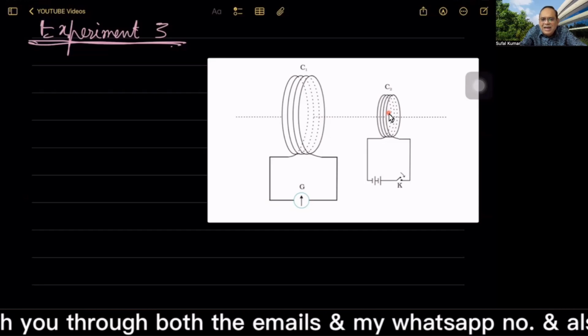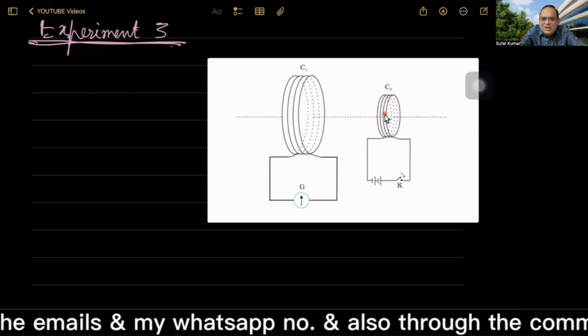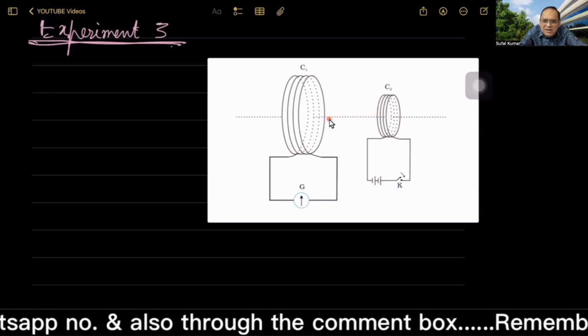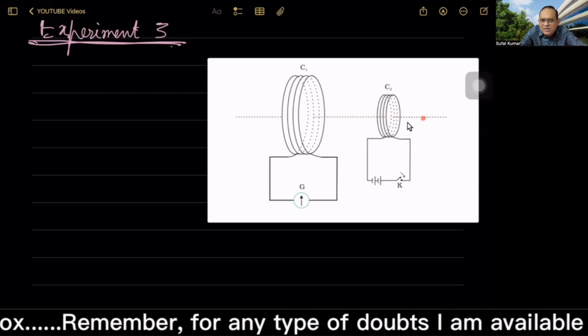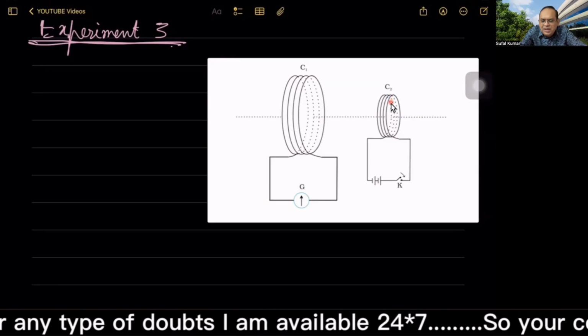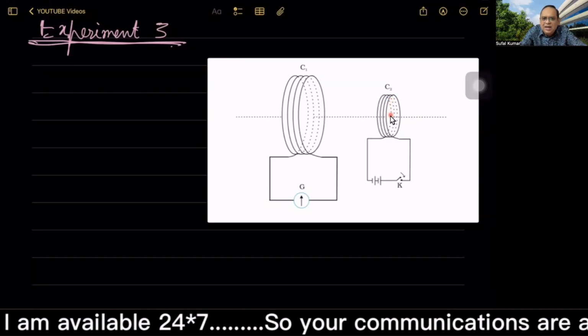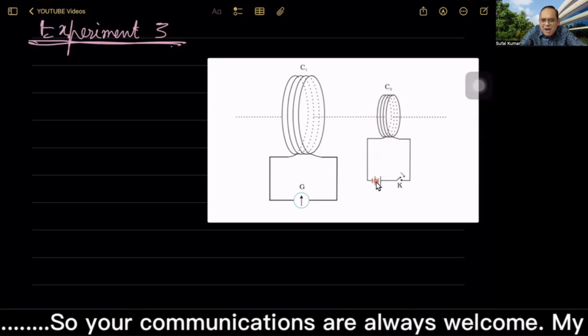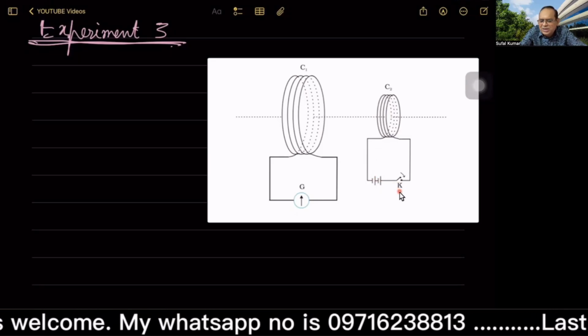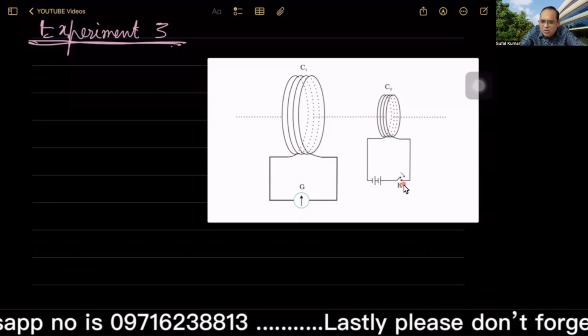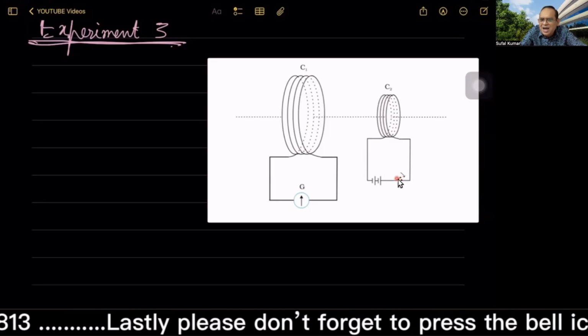This time, neither is C2 approaching towards coil C1 nor going away. Then what is new? Obviously, you can see in coil C2 a battery is connected, but observe the switch key K is open. That means it is unpressed.